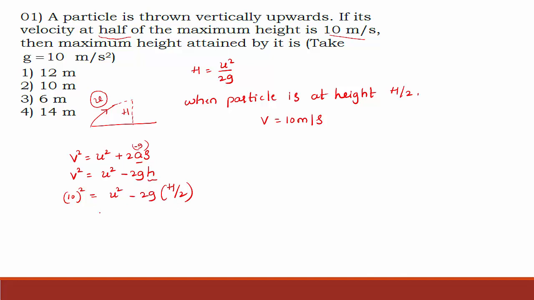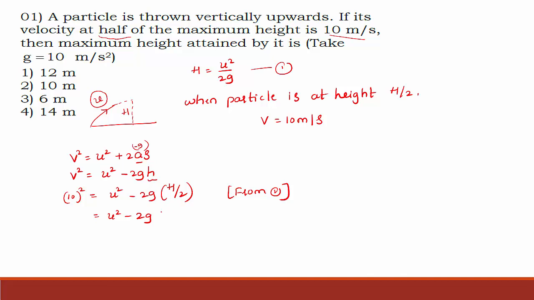So I am going to write u square minus 2g, in place of h by 2. What is h here? Here you can substitute equation 1. From equation 1, we can write h is u square by 2g. H by 2 it is.